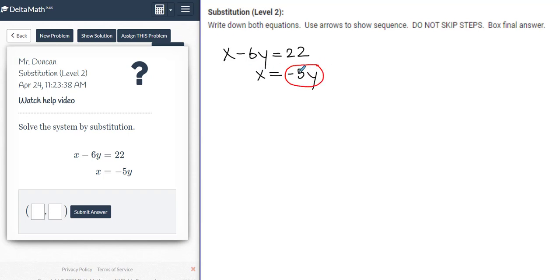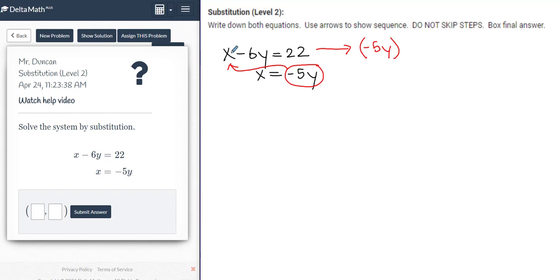And then I'm going to take that negative 5y and I will substitute it over here for x. So literally, I will get rid of that x, and in its place, I will put negative 5y. So I'm just going to go ahead and transfer the whole top equation over here. Again, I will get rid of the x, and in its place, I will put negative 5y.